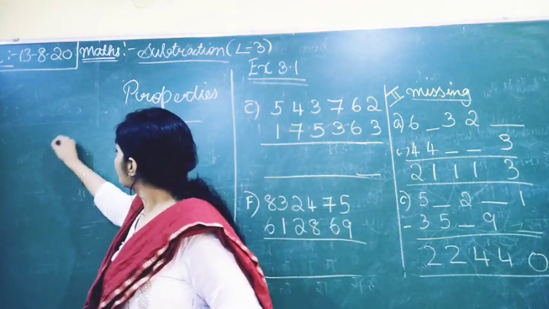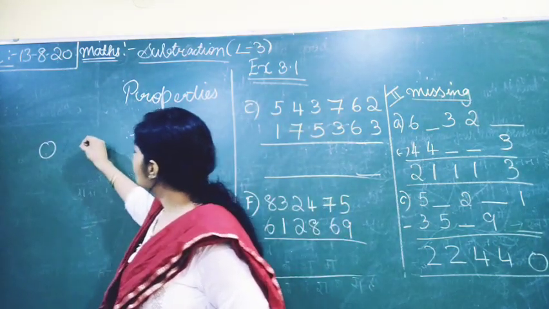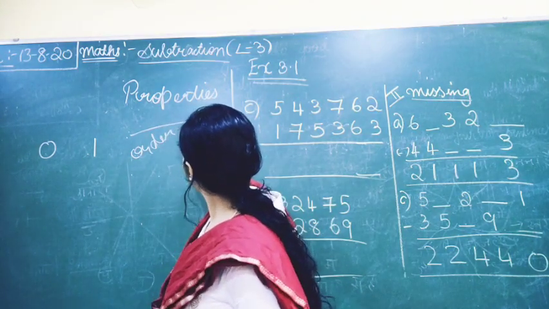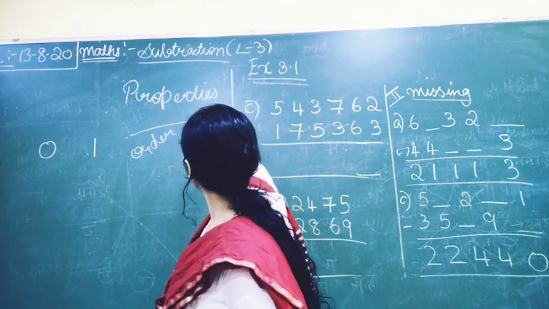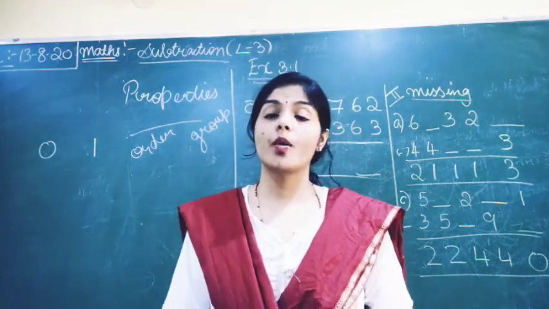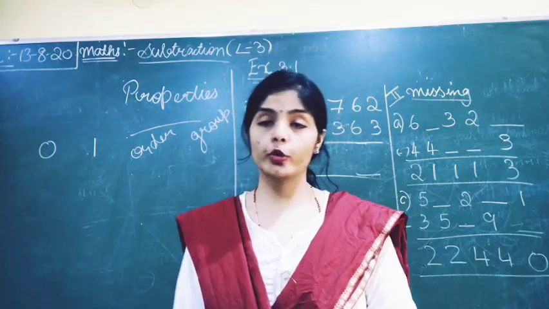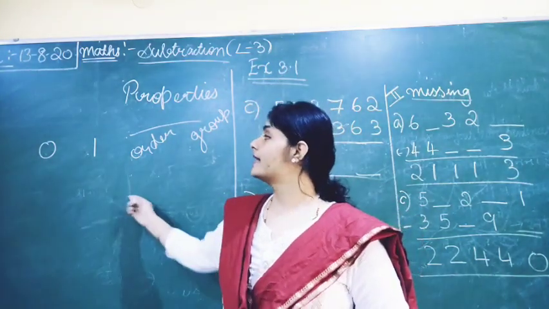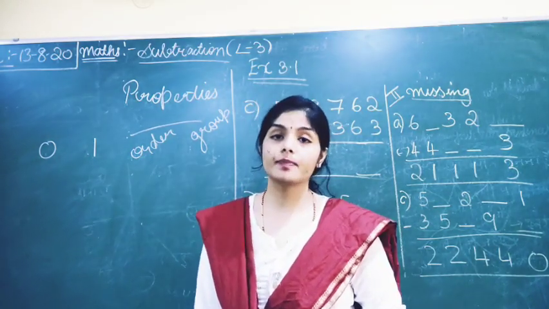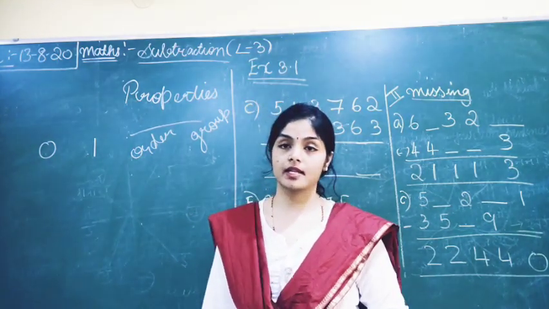You have one property known as 0, the other property known as 1, then order and group. Understood? These properties should be well known by us before we study subtraction.